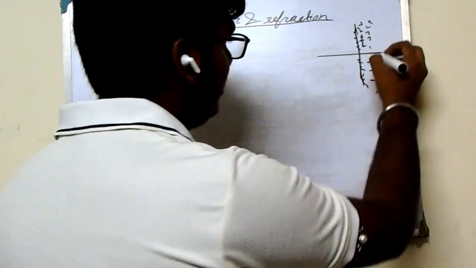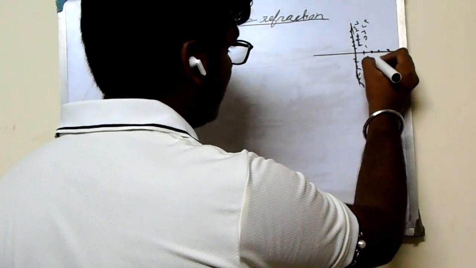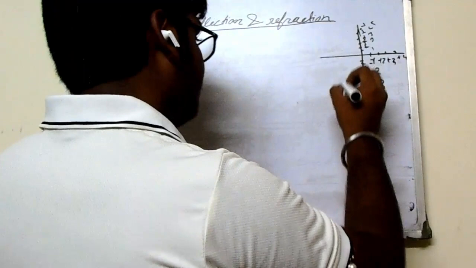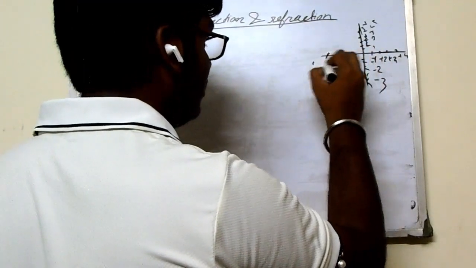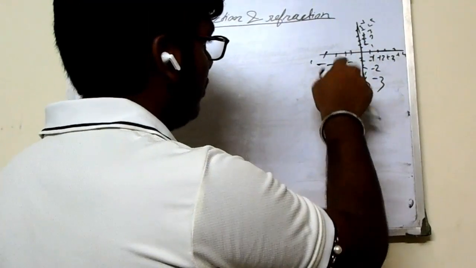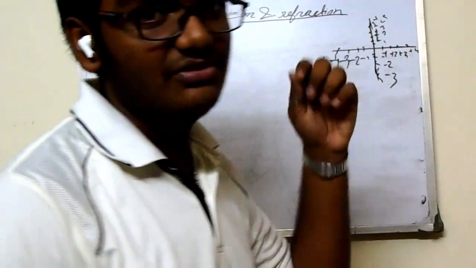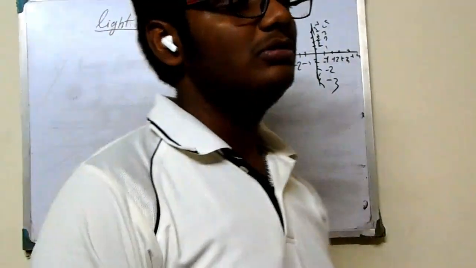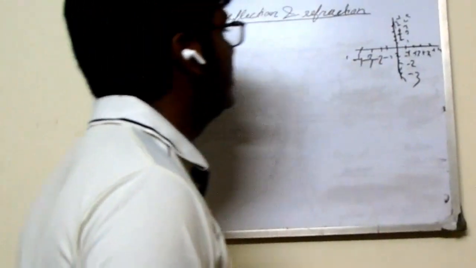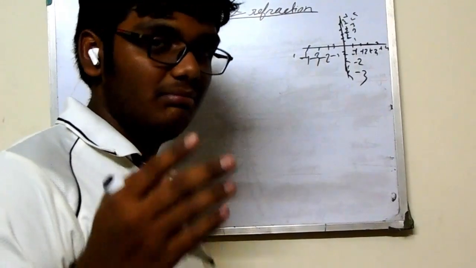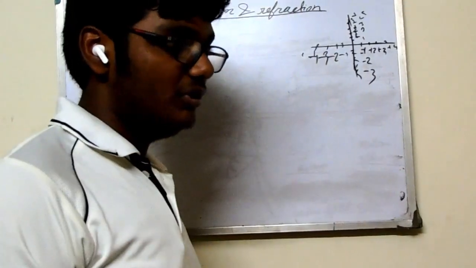On the right hand side, plus 1, plus 2, plus 3, plus 4, and on this side all are minus: minus 1, minus 2, minus 3, minus 4, like this way. In the mirror also the same thing happens. Let us denote the mirror by a concave mirror, or you can denote the mirror by a convex mirror also, but both are the same.